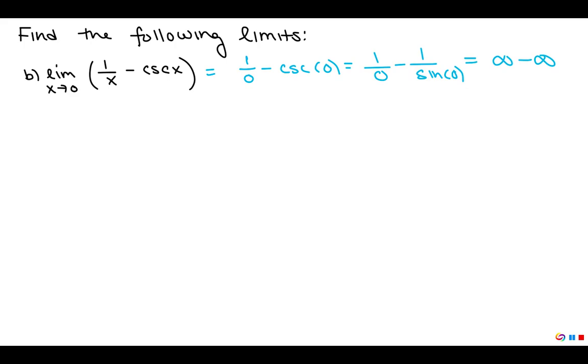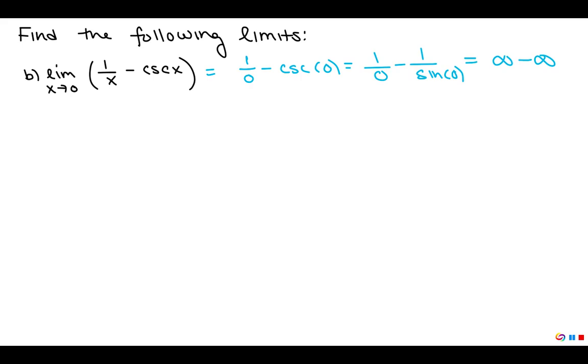Okay, let's see what happens when we take a difference. So let's find the limit as x goes to 0 of 1 over x minus cosecant of x. So plug the 0 in. I get 1 over 0 minus cosecant of 0. So it's 1 over 0 minus, cosecant is the reciprocal of sine, so 1 over 0 minus 1 over sine of 0.